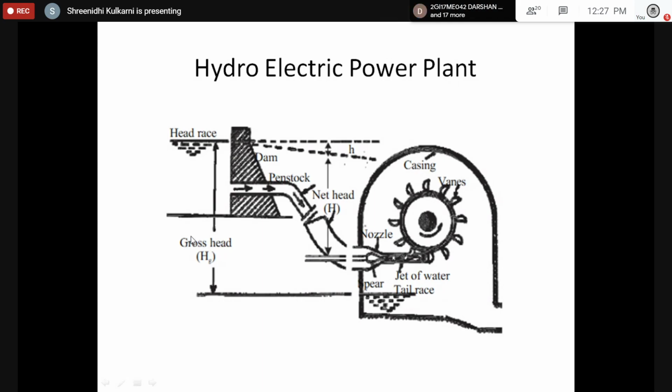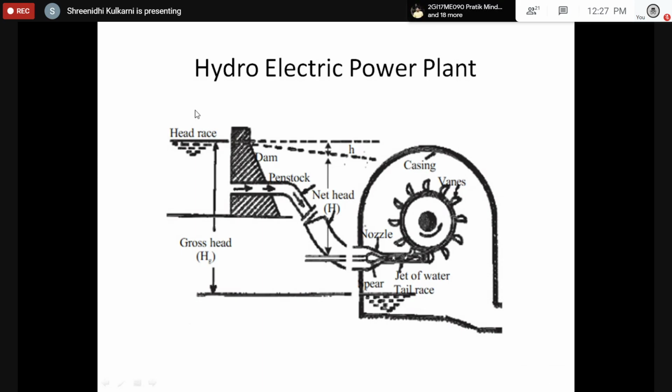Gross head is nothing but the height or the distance from the tail race, which we can call the river level, or simply the bottom level of the turbine, up to the dam level.